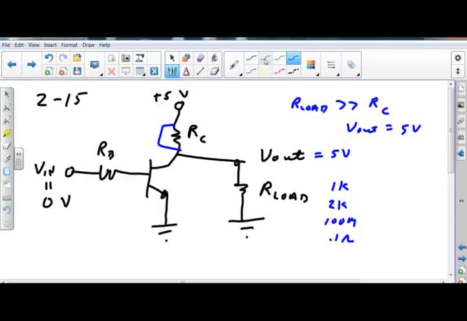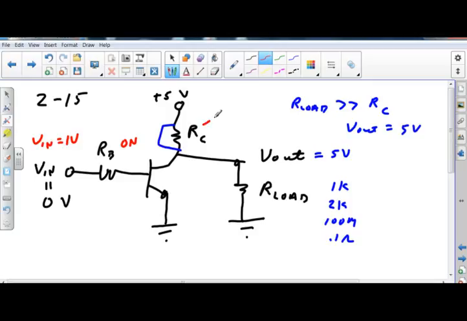The problem would be, what happens when Vn is 1 volt and this thing is now on, and now this resistor is very small? What's going to happen?